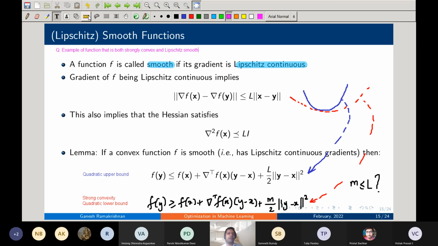So be very specific. Lipschitz continuity was slightly different, which was only about the function. Now we're talking about the gradient. That's where you have some analogy or complementarity with respect to strong convexity. So what would be an example? Simplest example.